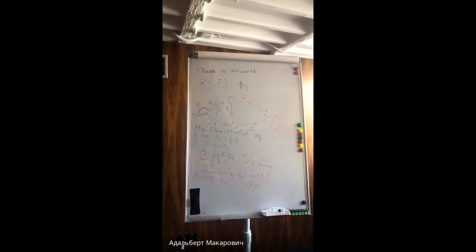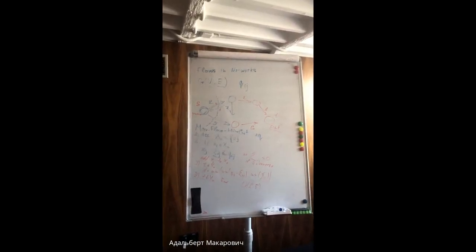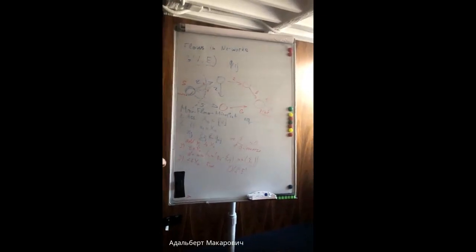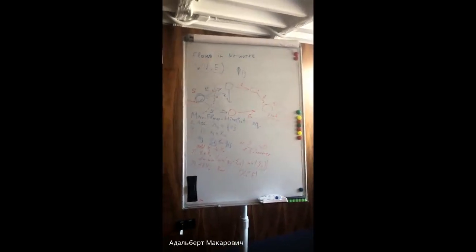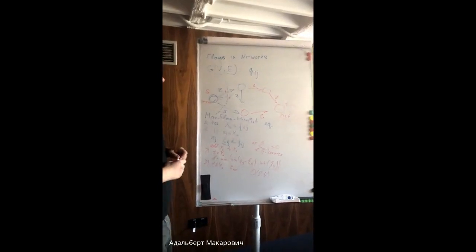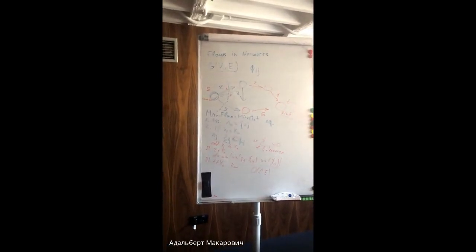So the complexity is flow multiplied by E, and that's suboptimal because we don't know anything about the flow value in the network before we compute it.